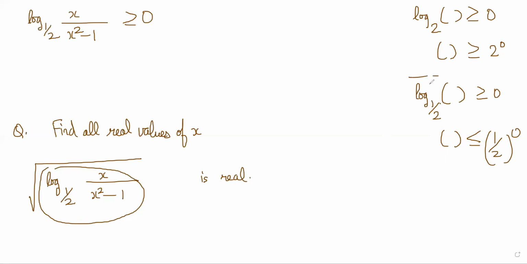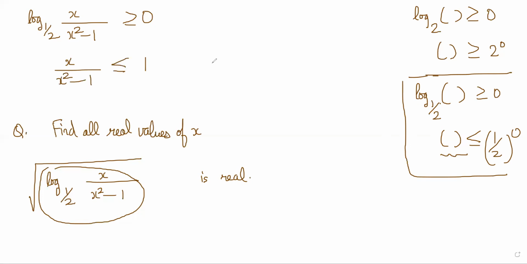That is the thing that you have to be careful about. When the base is less than 1, positive will happen when the thing is less than 1, right? Correct. So this thing, which is x by x square minus 1, should be less than or equal to half power 0, or 1, right?